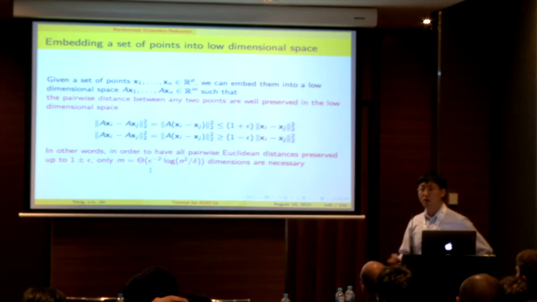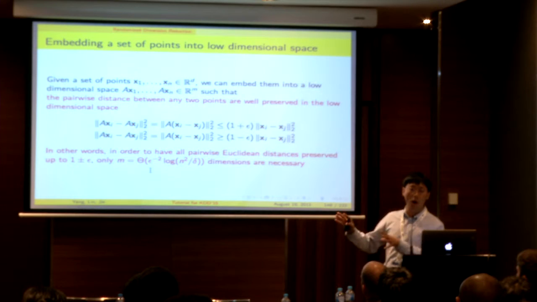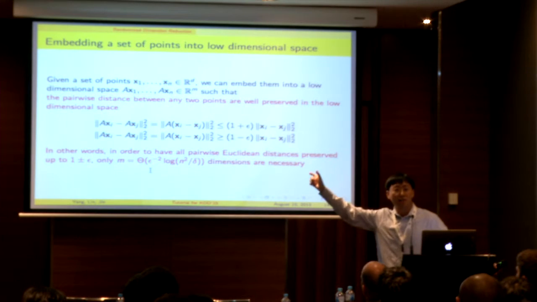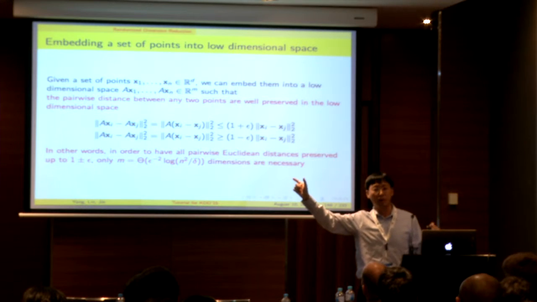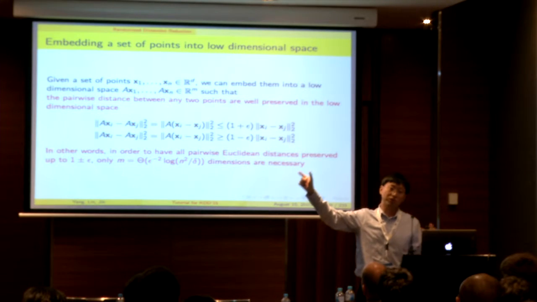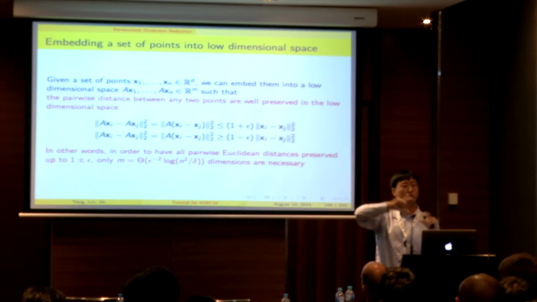Then the JL lemma guarantees that if you compute the pairwise distance in the original high-dimensional space, and also compute the distance in the low-dimensional space after transformation, the distances will be pretty much preserved. They are very close to each other.